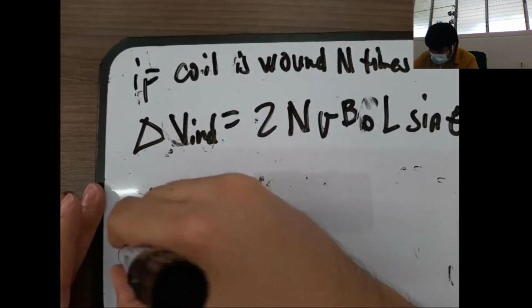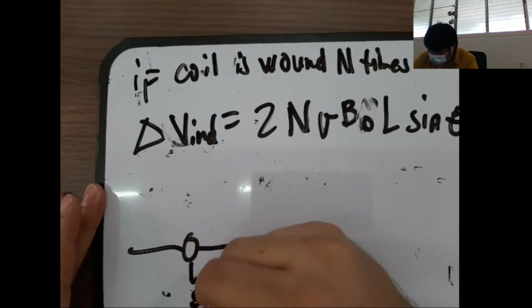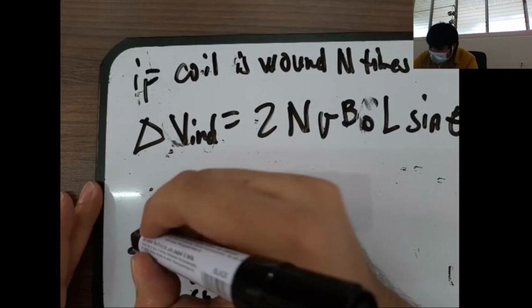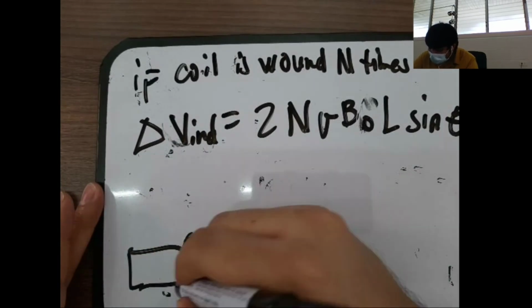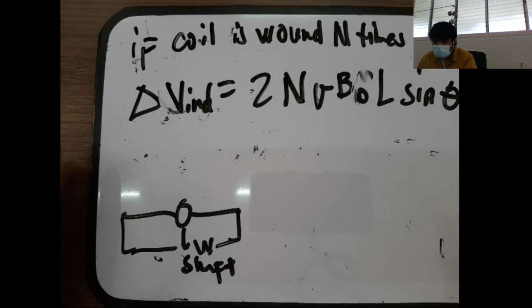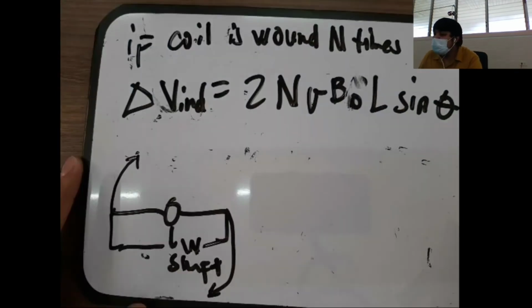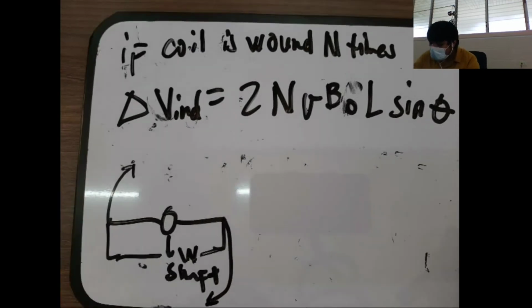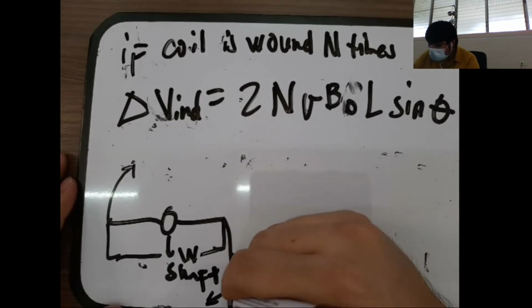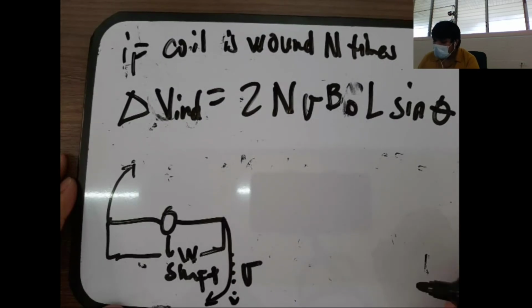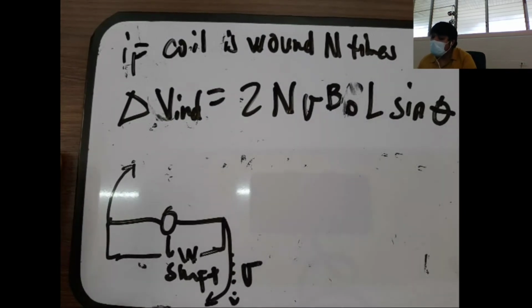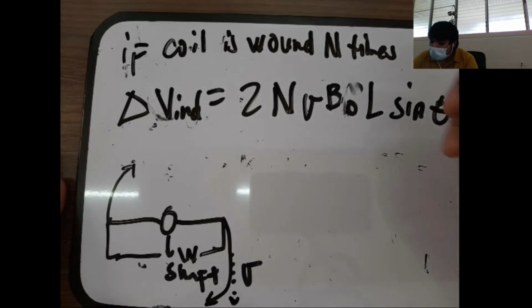So this is our shaft, and this is the width of the coil, which we will denote as W. Since the coil rotates, it traces a circular path, right? Now, the V that we have described a while ago is actually the tangential velocity. Since this is now a rotational motion, it will have an angular velocity of omega.